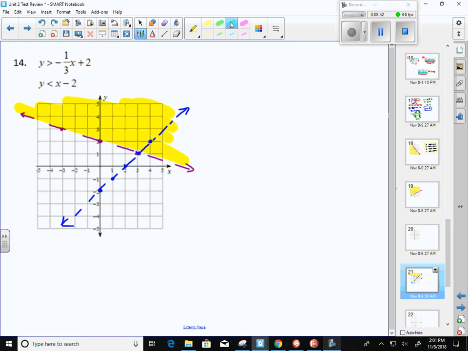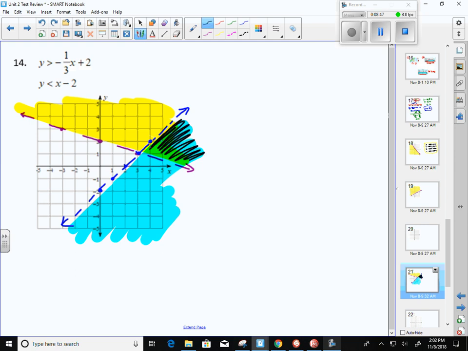That didn't show up like I wanted it to. There we go. It's going to be all of this is less than. So the green section over here, I'm going to darken this green area, because that's the solution area. So always darken the solution zone if you're shading both areas.